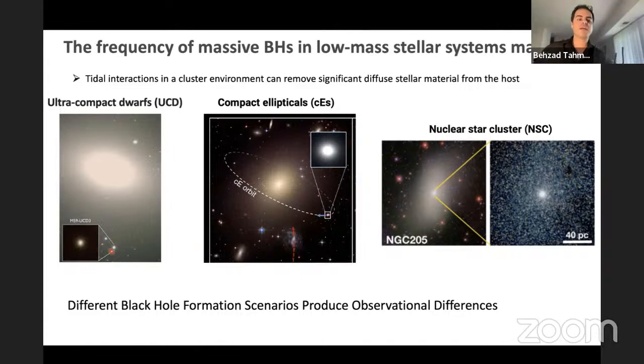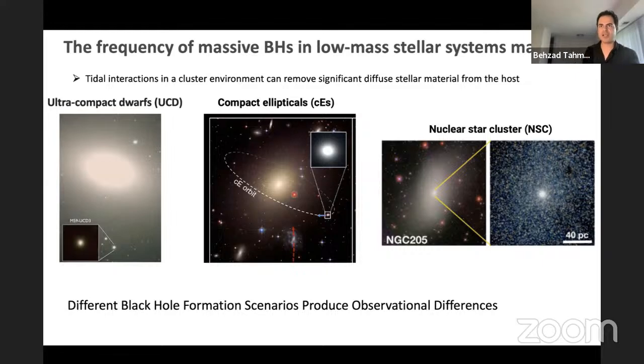But the point is, if we find a massive black hole in this kind of UCD, it is a confirmation that they are not from the star cluster branch.